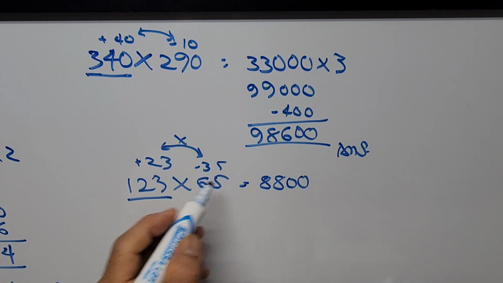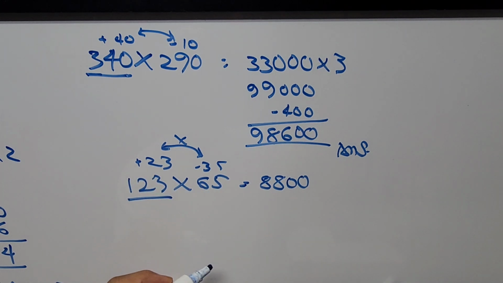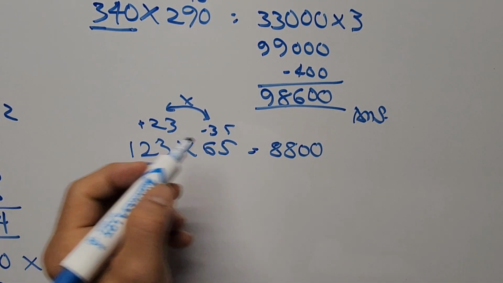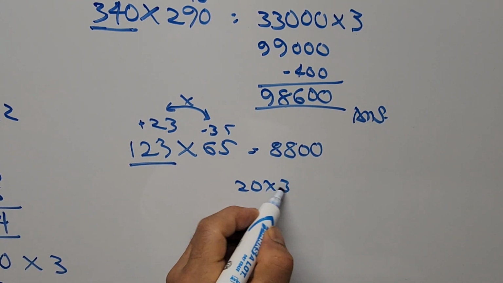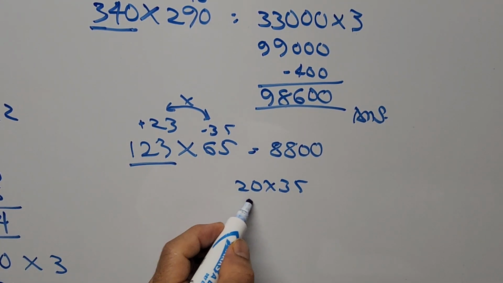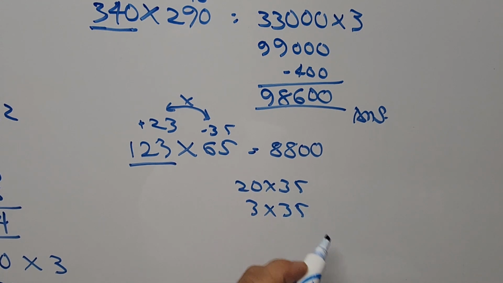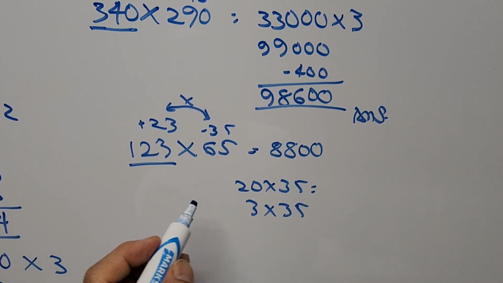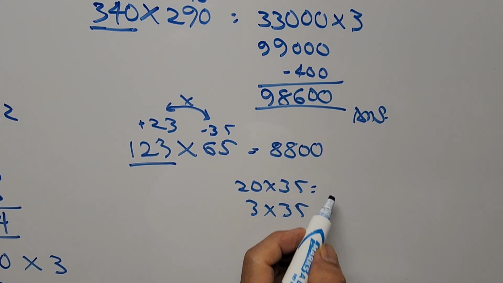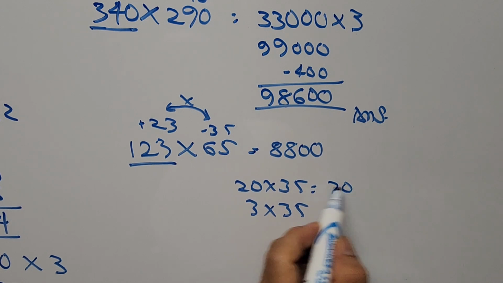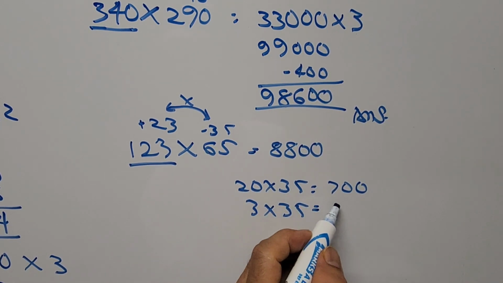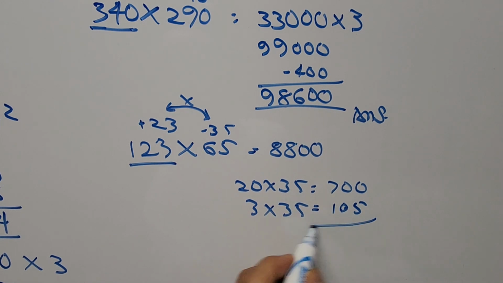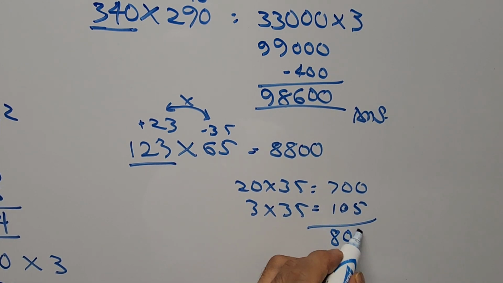So 23 times 35. And the other way to do this is like multiplying 20 by 35 and 3 times 35, right? That's a little trick. So 35 times 20 is 70, add 0, 700, and 35 times 3, that's 105. So add these both, that's 805.